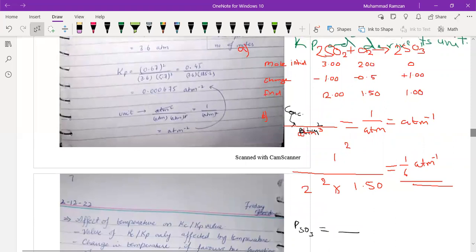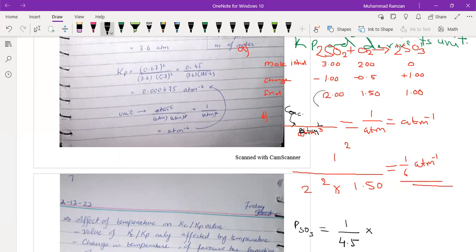The individual pressure of SO3 is one mole, and total moles are 2 plus 1.5 plus 1. Is it 4.5?